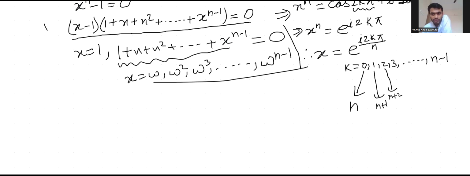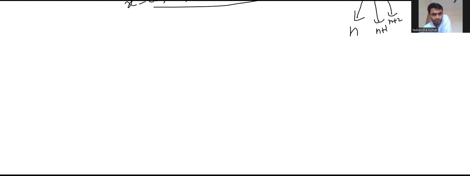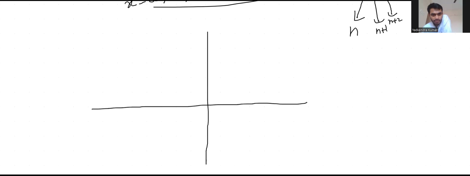Now start representing these roots on the plane, the imaginary plane. This complex number whose x to the power n is 1 is going to be represented here. If you put k equal to 0, that number is going to be 1.